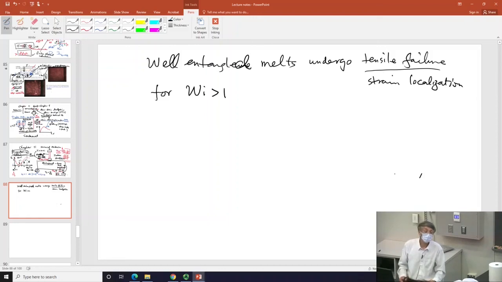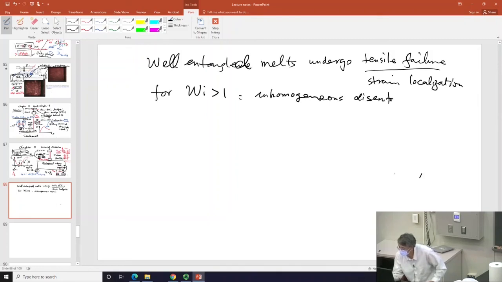This is an experimental observation. It agrees with the fact you have inhomogeneous disentanglement. And the inhomogeneity comes from the fact that there is a horse race.